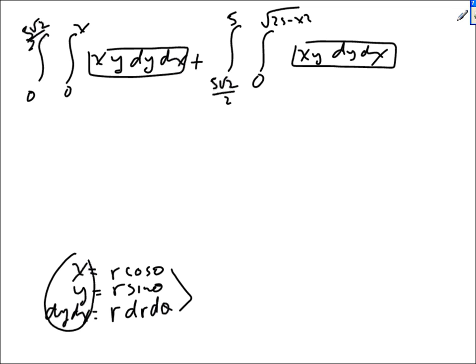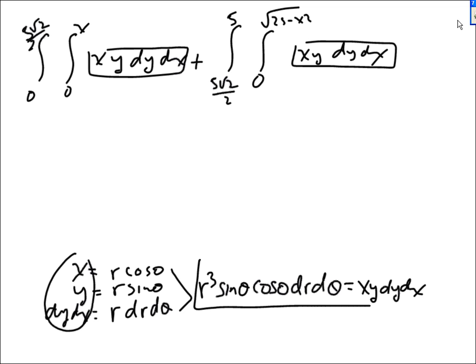You multiply the right, so you get r cubed sine theta times cosine theta times dr d theta. So that is what xy dy dx is.